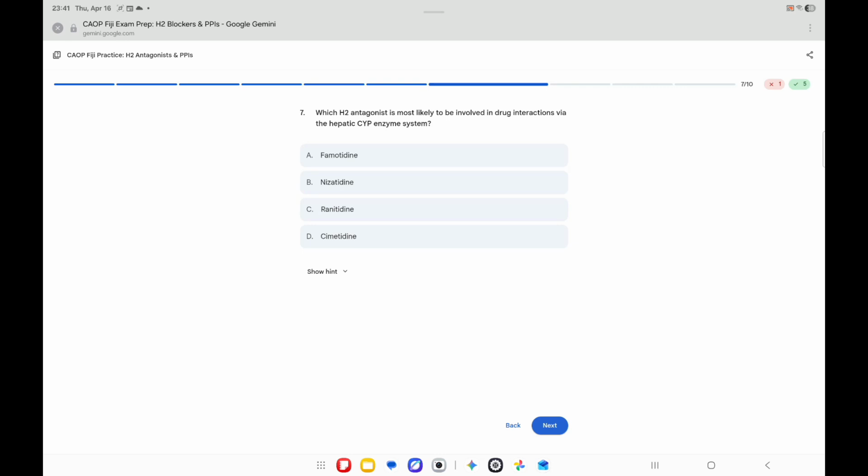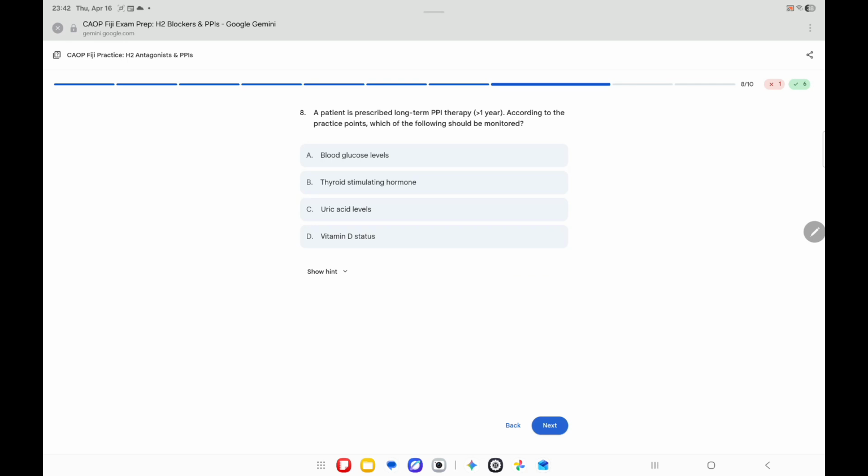So the correct option is cimetidine, but let me tell you that cimetidine actually causes inhibition of cytochrome P450. As a result, it has a lot of drug interactions, and that's why cimetidine is one of the crucial drugs as far as drug interactions are concerned.